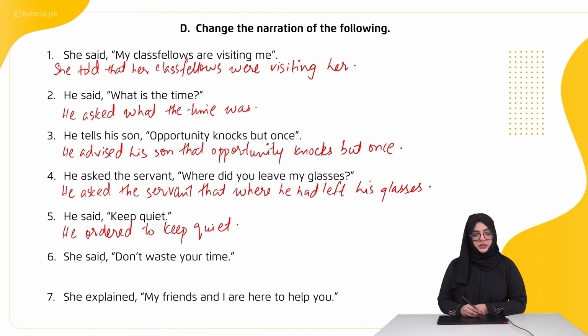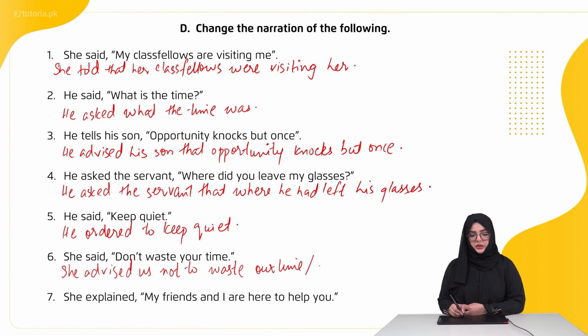Sixth is she said don't waste your time. She advised us not to waste our time. या आप इसको ऐसे भी लिख सकते हो she forbade मतलब मना करना. Forbade us to waste our time.